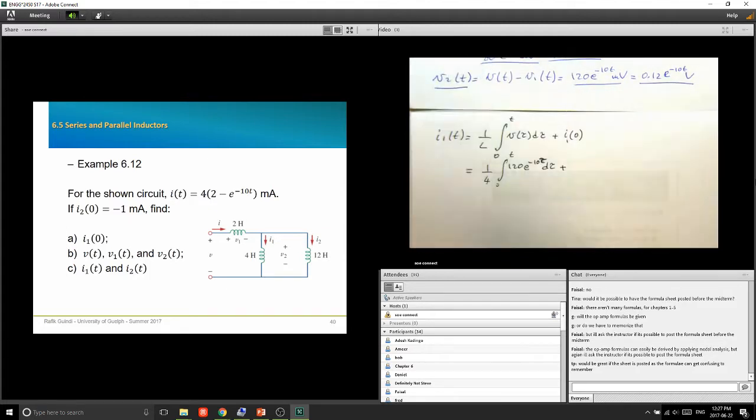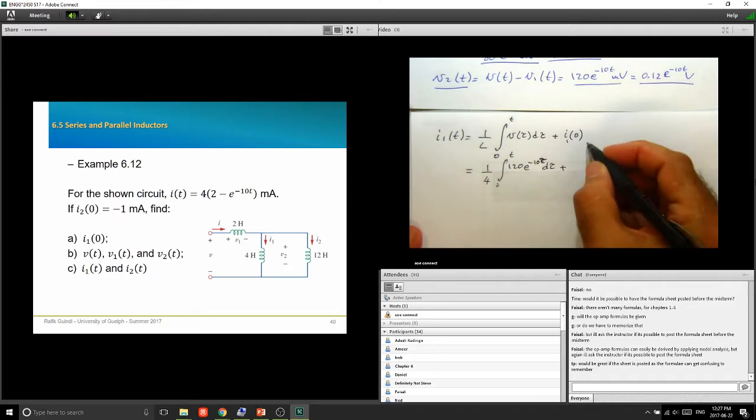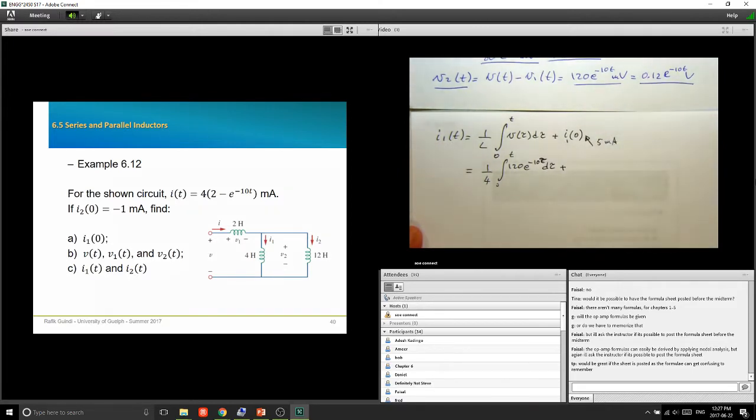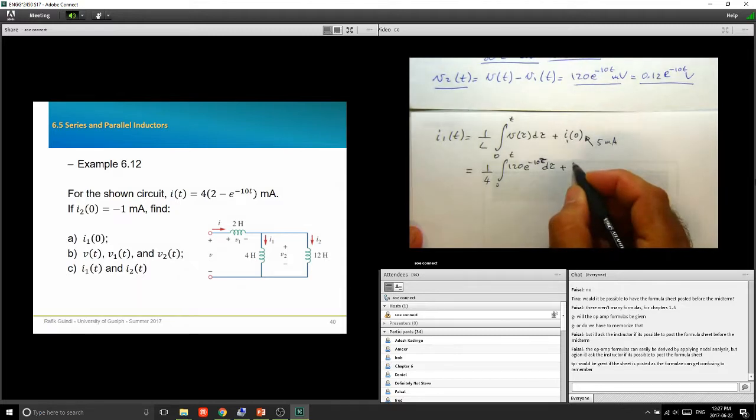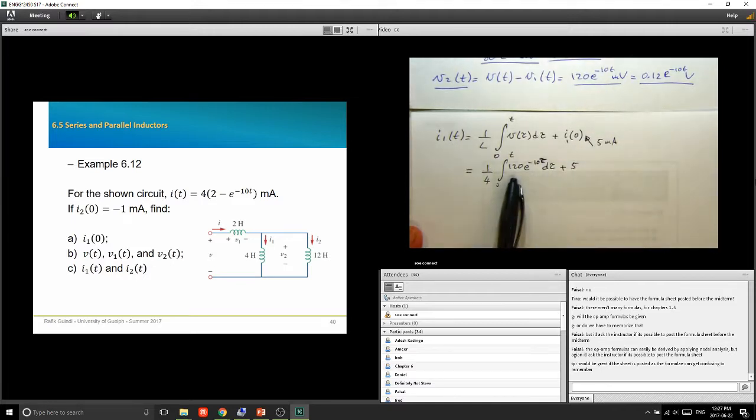I1 of 0 we found in the beginning, right? And this one is 5 milliamps. So plus 5. And this is in milli.